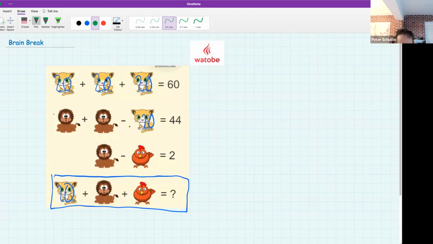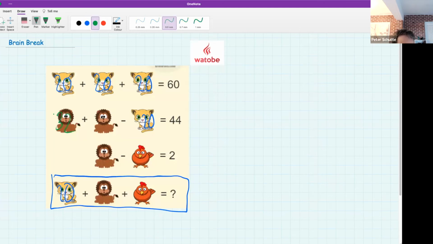So think of this as an equation, guys. If you've got minus 20 on one side, if you add 20 to both sides, you're going to get basically 64 on this side and 2 lions on this side. So if 2 lions give you 64, what does each lion need to be?